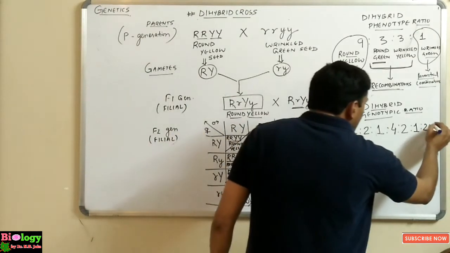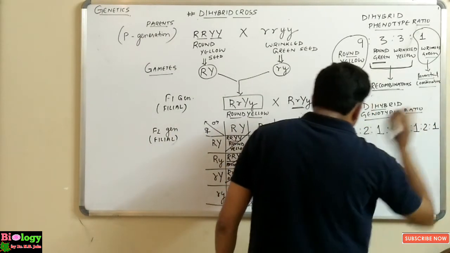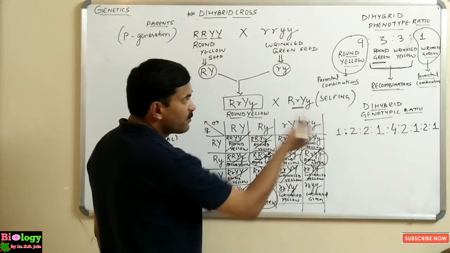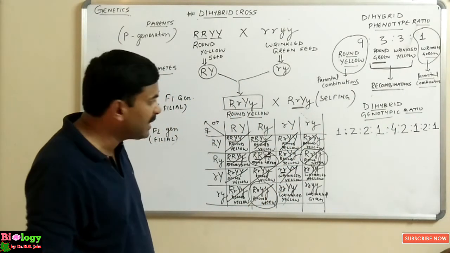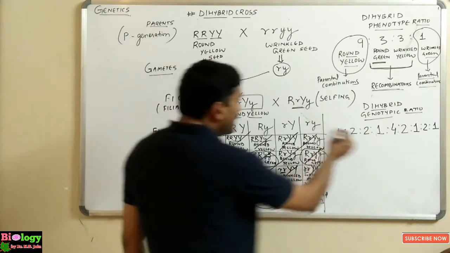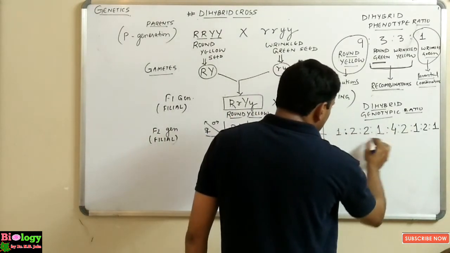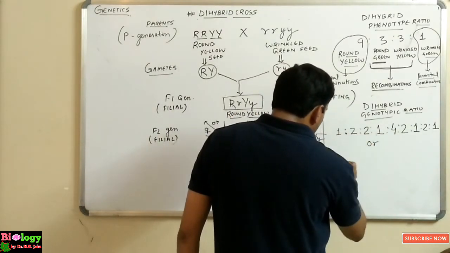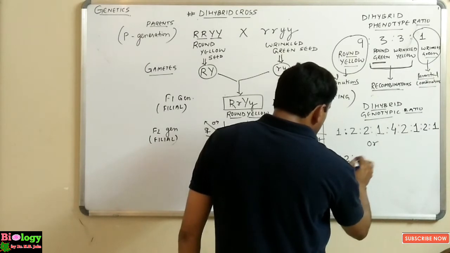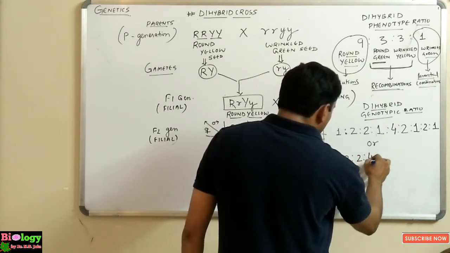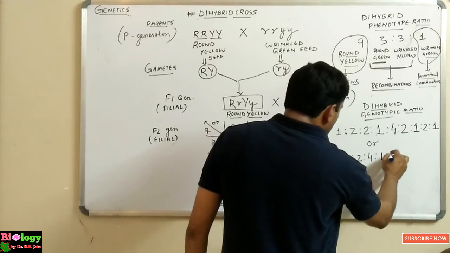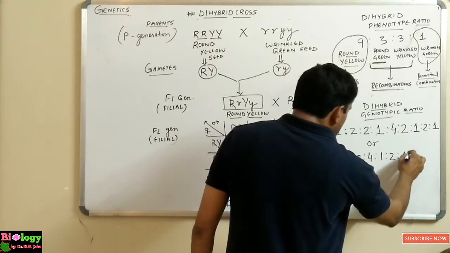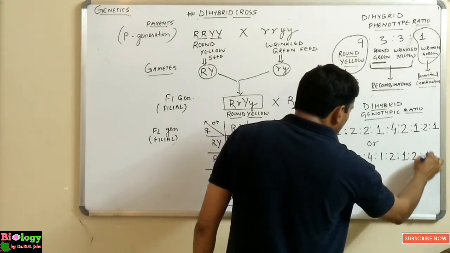So I have written the 1. Okay, so like this I have got the dihybrid genotypic ratio. I can rearrange this. You can write like this also: 1:2, 2:2, 2:2, 4:2, 1:2, 2:2, 1:2, 2:1.